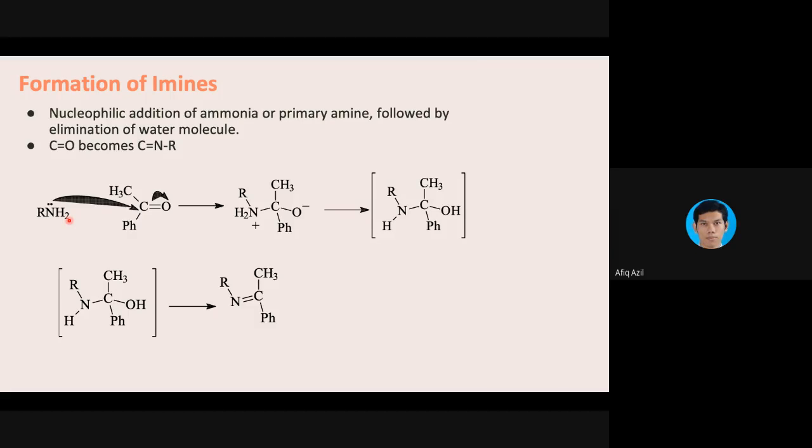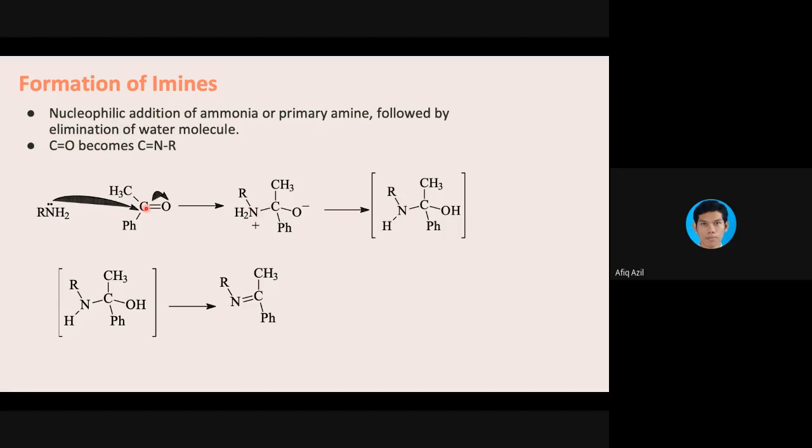This is the primary amine, RNH2. The product that you are going to get has a C double bond N. So this is what an imine looks like. If you have C double bond N, this is an imine.